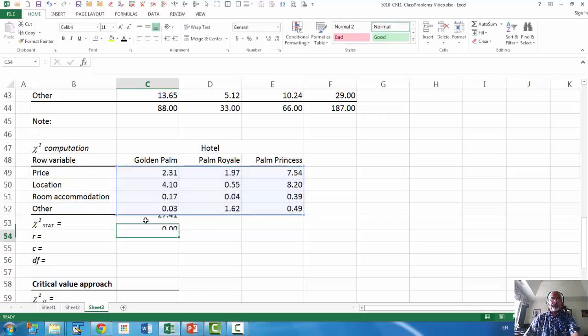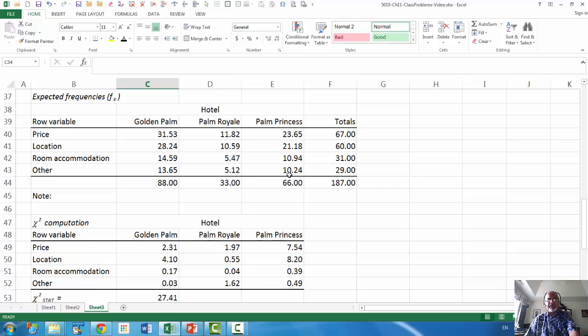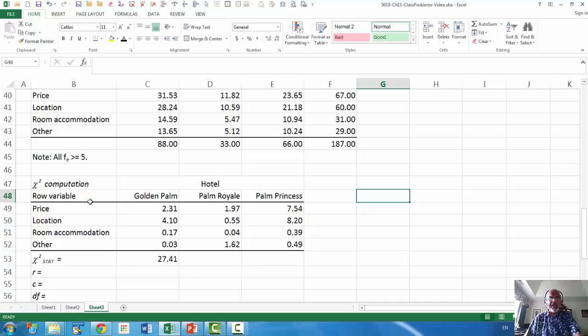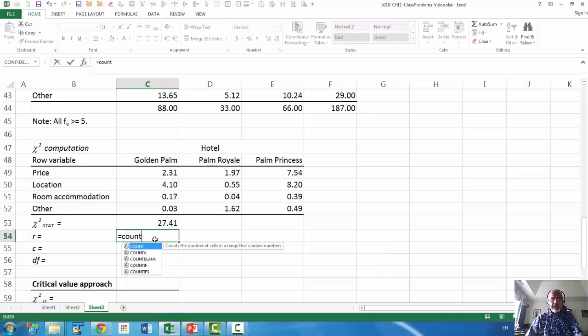And you have the chi-squared stat. For this to work, of course, remember you have to make sure that all the expected frequencies are 5 or more, which is so in this case. So all expected frequencies are greater than or equal to 5, so the large sample requirement is satisfied. The number of rows is the number of categories in the row categorical variable.